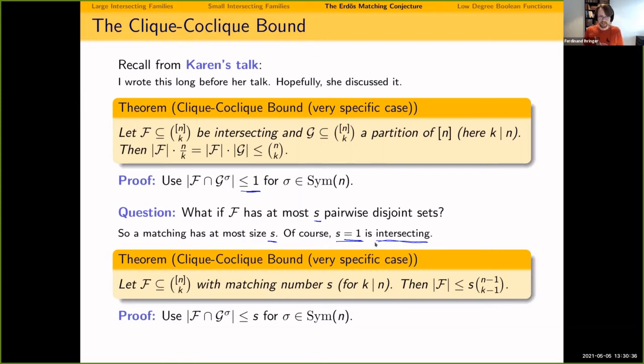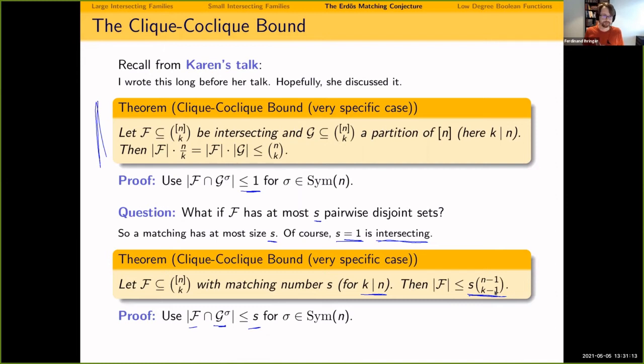Now, using exactly the same argument, again here, because it's convenient only if k divides n, you will see that F and any partition into k sets intersect in at most s elements. And if you use the same argument, then you will get that the size of F is at most s times n-1 choose k-1, so s times the size of an intersecting family of maximal size.